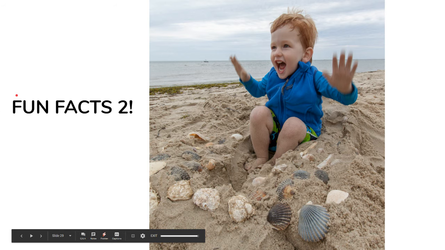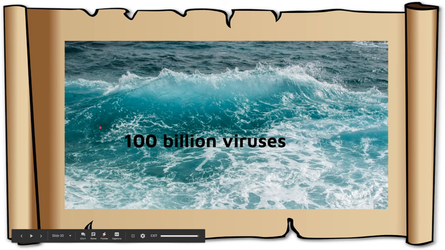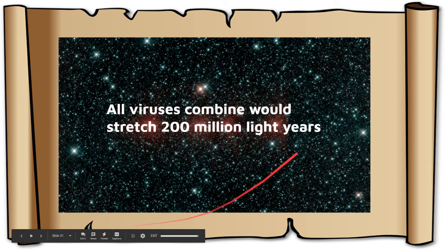All right, fun facts. Since I told you a little background of what a virus does, here are some fun facts about virus. In seawater, one liter of seawater is equal to 100 billion viruses. That's how many viruses are in our water. And all viruses combined would stretch about 200 million light years.